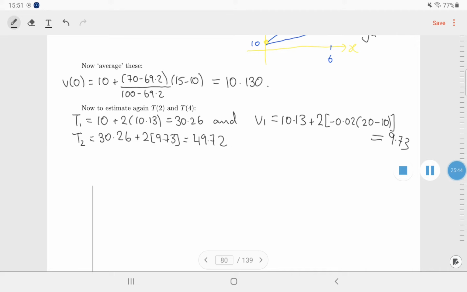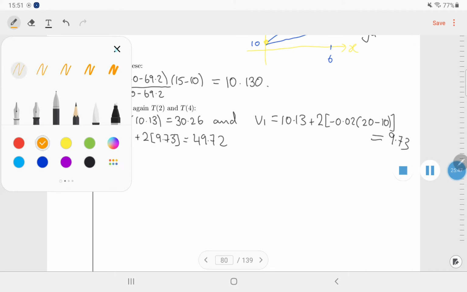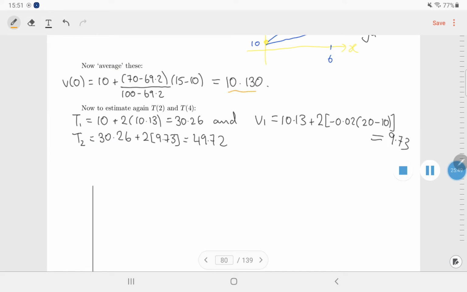Now we did rounding error when we calculated this, epsilon rounding error. So we'll keep on going, but you'll note that we don't get exactly 70. So let's see how far off we are. So V2 is the previous V, which is 9.73, plus twice the derivative of V, which is 0.02 times 20 minus the previous temperature, which is 30.26.